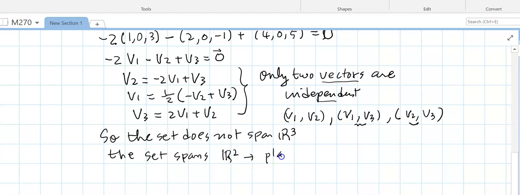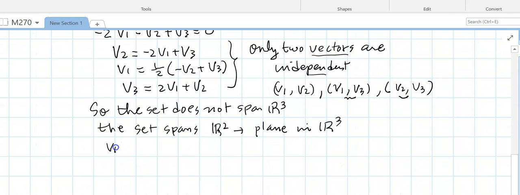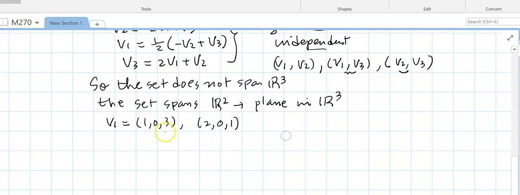It spans a plane in R3. Okay. So, for example, how about V1 and V2? What was V1? V1 was (1, 0, 3), and V2 is (2, 0, -1).